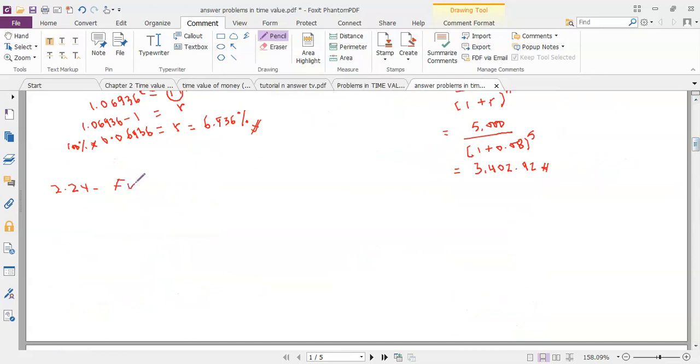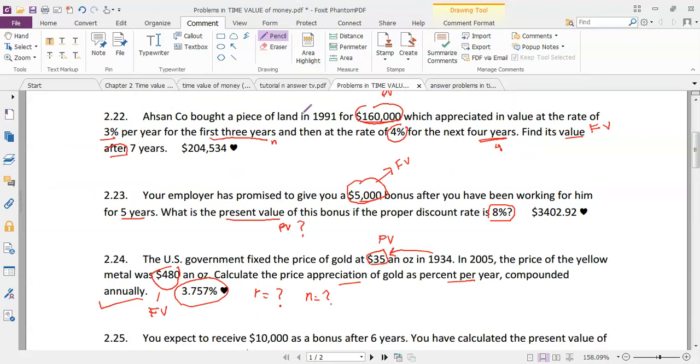FV is equal to PV times 1 plus R to the power of N. So FV, how much, Joshua? Future value for that question. Joshua, are you there?